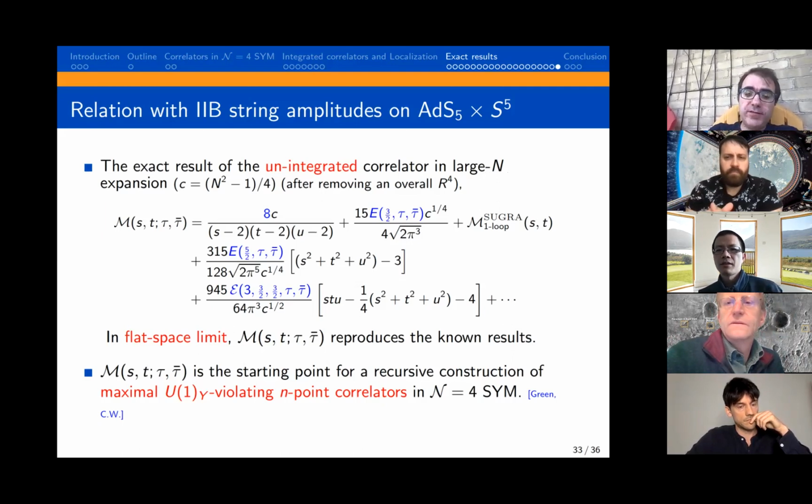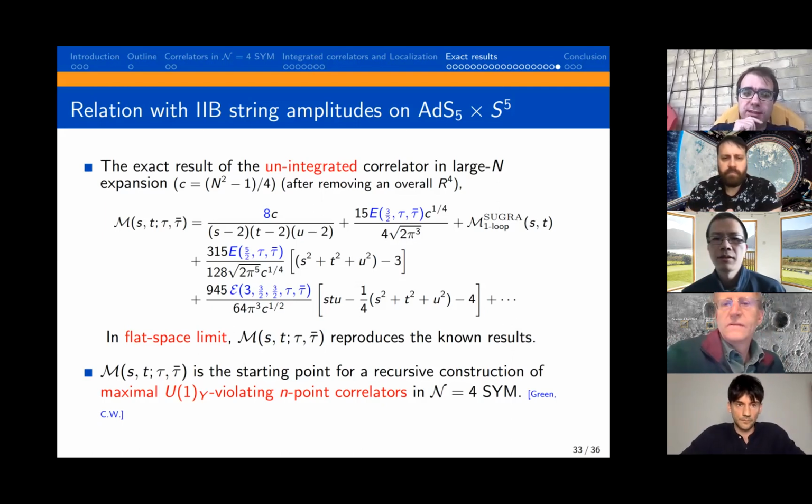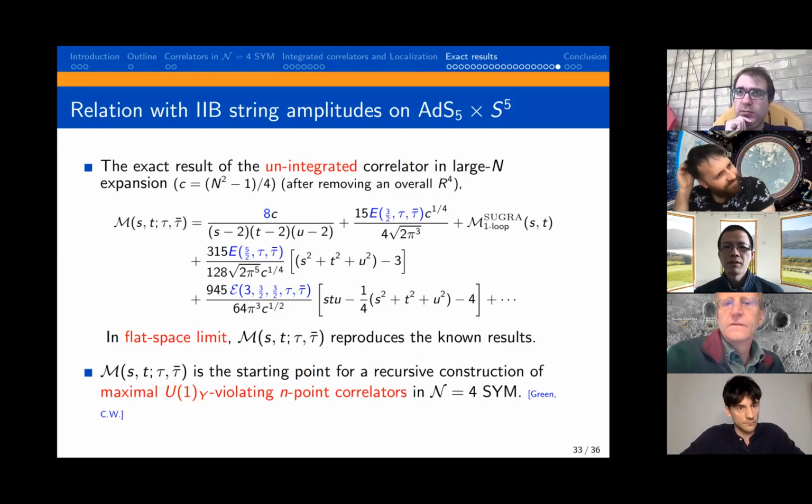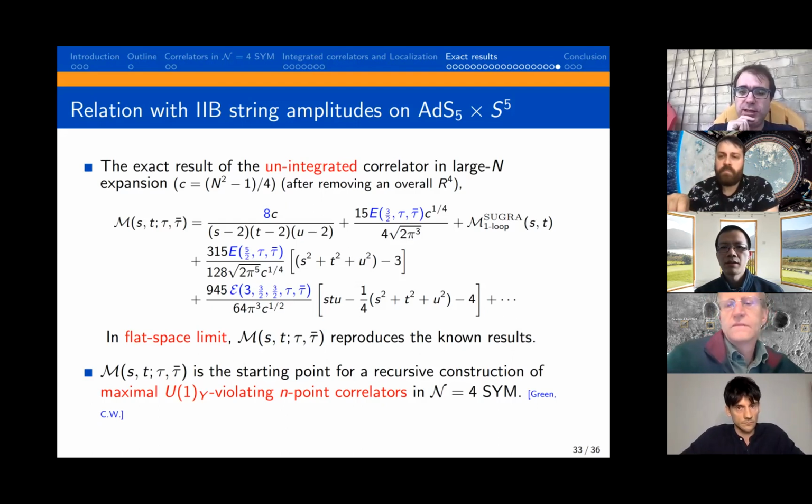Let me see if I understand. In flat space, there is a reason for liking this Eisenstein series, right? Because of S-duality. But if I did string theory in AdS and I take this to be the definition of a scattering amplitude in AdS as flat space plus a small correction, would I still be able to argue that these coefficients organized like this should have the same properties as in flat space?